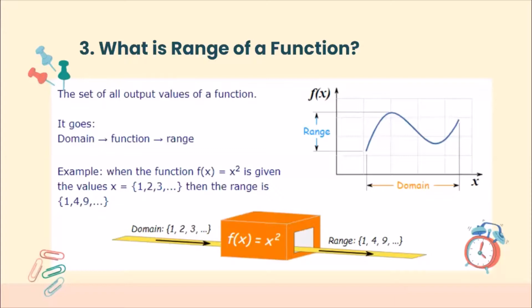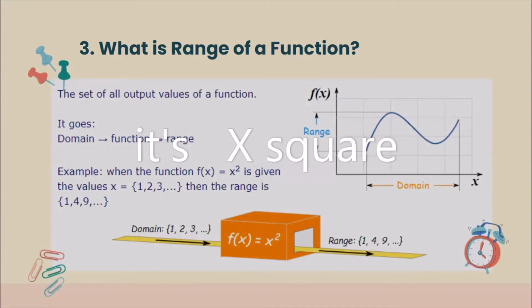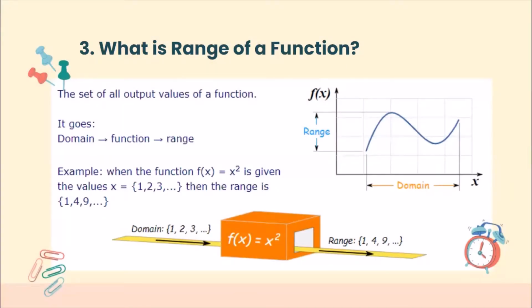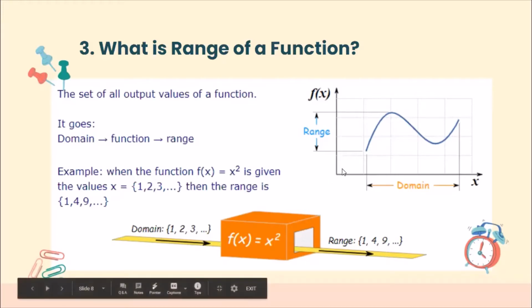For example, when the function f(x) equals x squared is given the values x equals 1, 2, 3, and so on, then the possible outcomes are 1, 4, 9, and so on. It's because f(x) can be defined as x times x, or x times itself. As you can see, the range is all the outputs of the function.